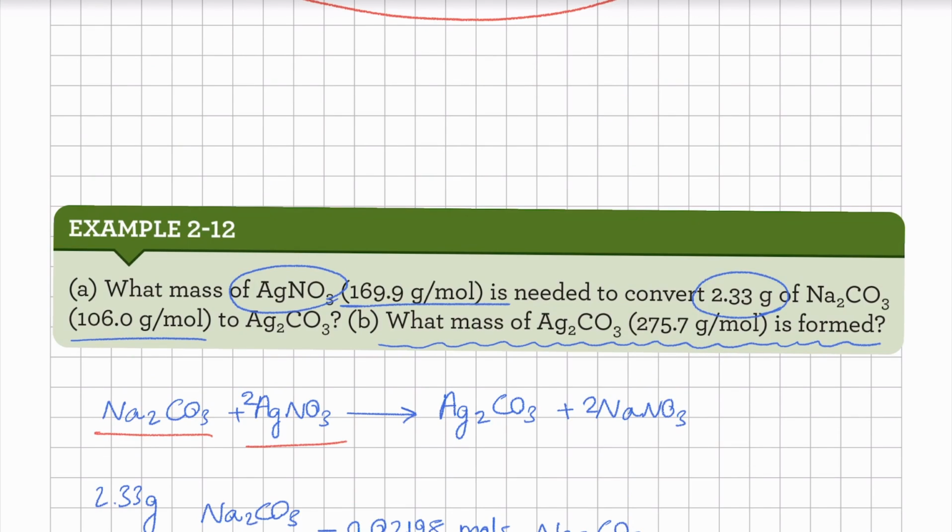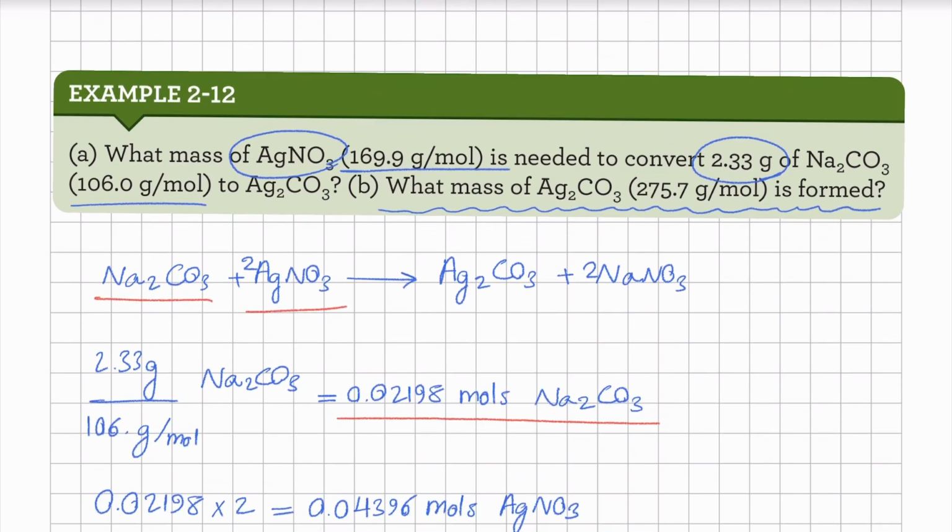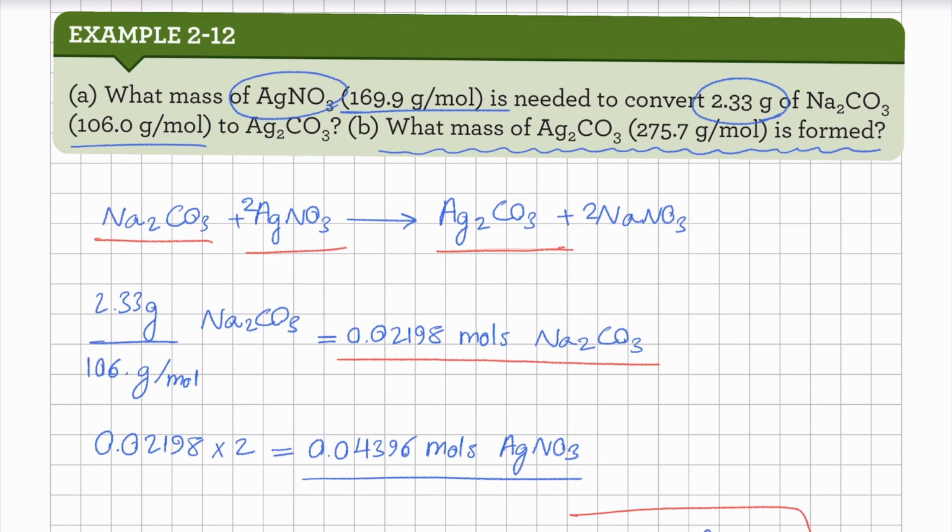On the other hand, it says what mass of Ag2CO3 is formed. Look here, we can say each mole of Na2CO3 will give us 1 mole of Ag2CO3. So the number of moles of Ag2CO3 would still be 0.02198. And also we have the molar mass of this one.